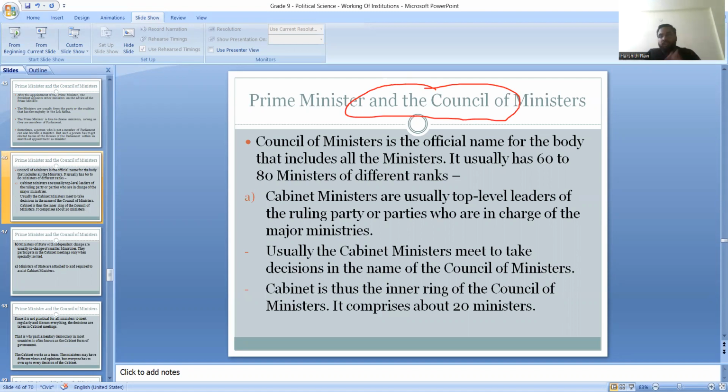And they are not usually invited to cabinet meetings. That is only for cabinet ministers, right? However, if a special invitation is given to them, they can be a part of cabinet meetings as well. So ministers of state with independent charge of smaller ministries, right?